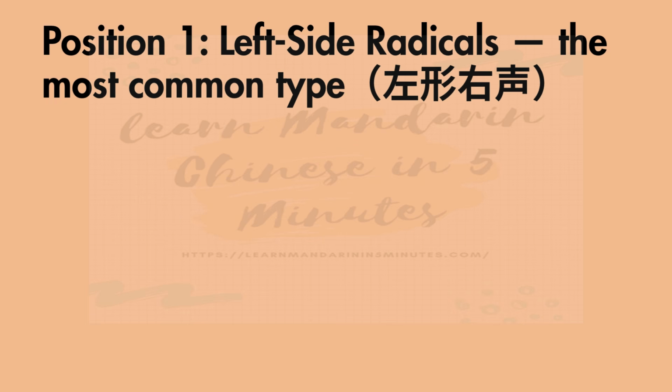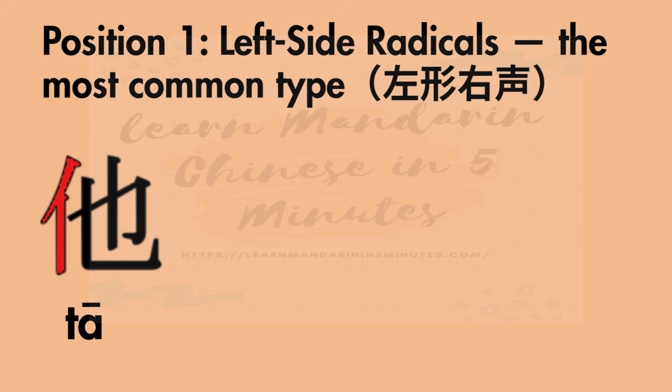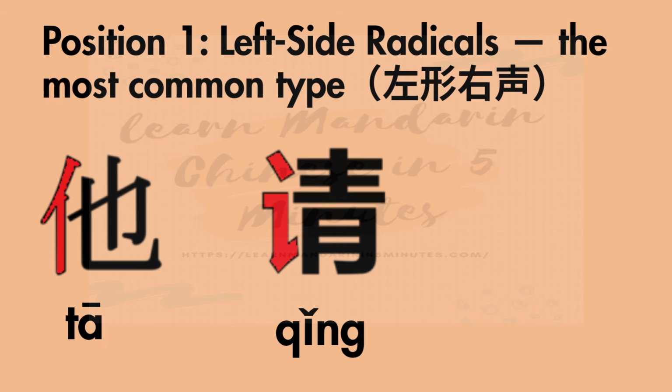Position 1, left side radicals, the most common type. In a left right character, the radical is almost always on the left. Example, 他, he, him. The person radical 人 means human actions. 请, the speech radical 言 relates to talking or communication.